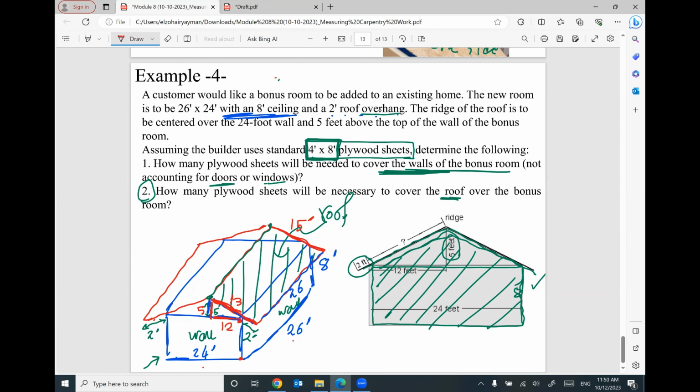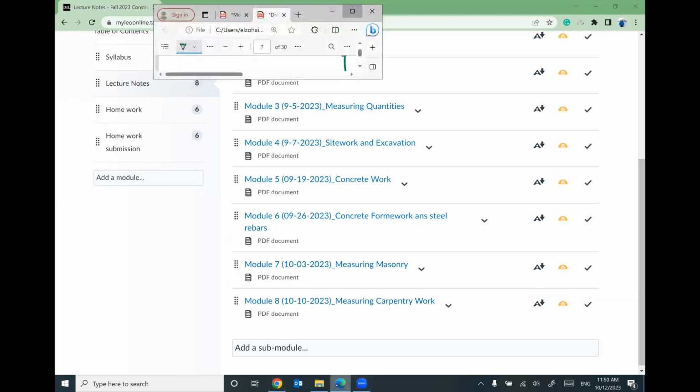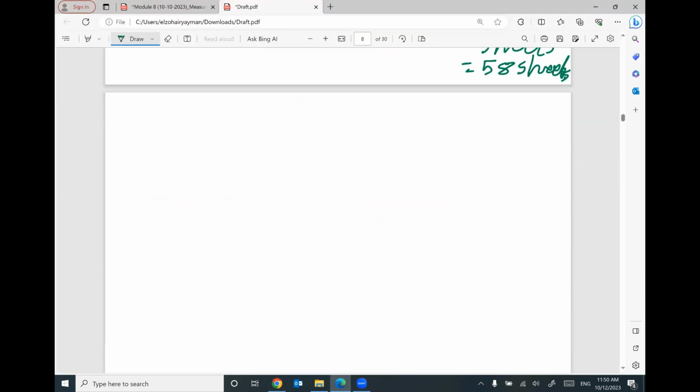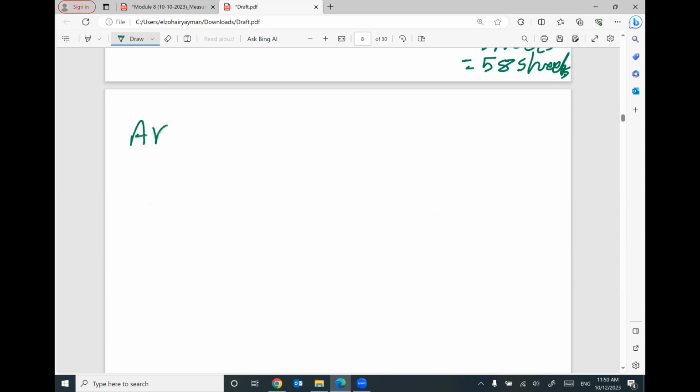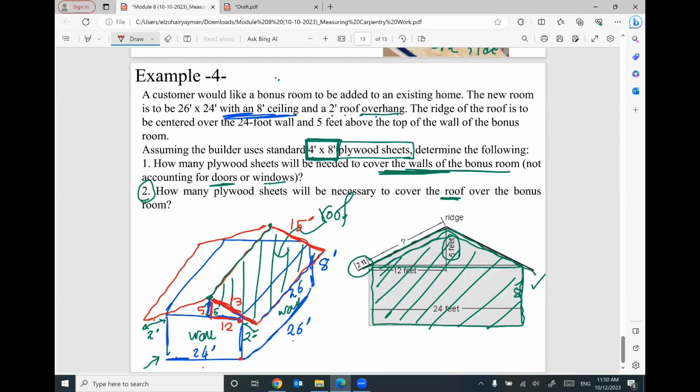So the area of roof will equal 26 by 15 times 2. 26, this is the total length. 15, this is the length in this side.